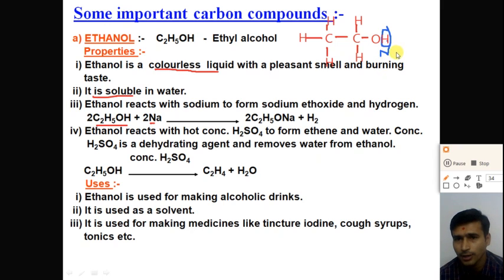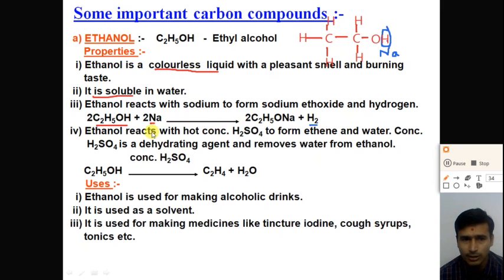So the formula is C2H5ONa, right? That is sodium ethoxide. And to balance the equation, we need to add a 2, 2 and 2, right? Because the hydrogen atom is removed from the ethanol, 2 hydrogen atoms are removed from 2 molecules of ethanol, and it forms hydrogen gas, right?